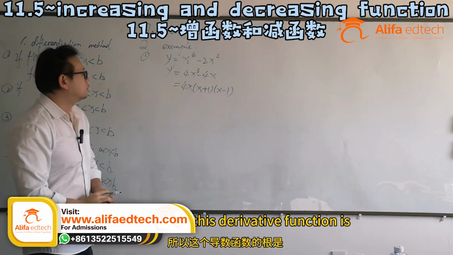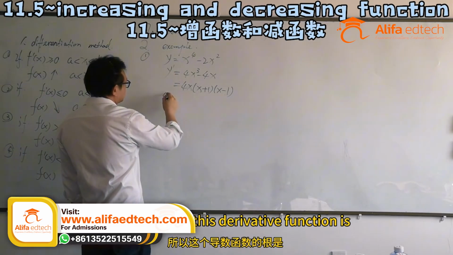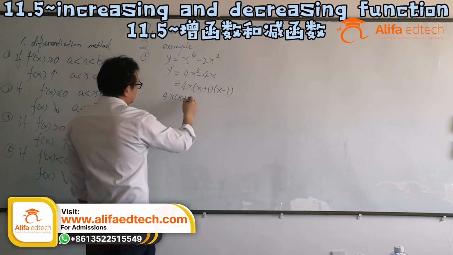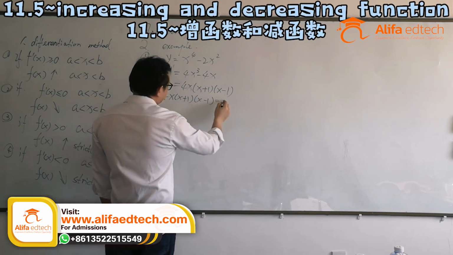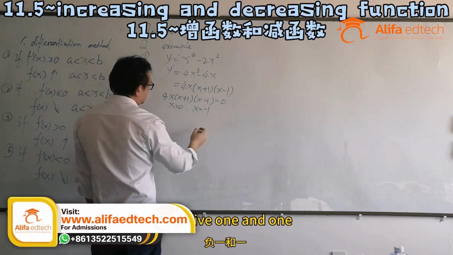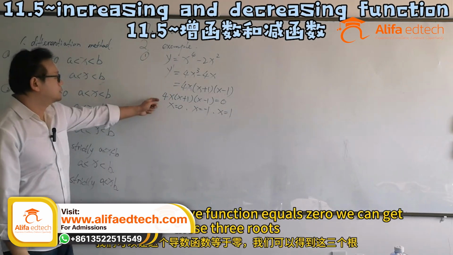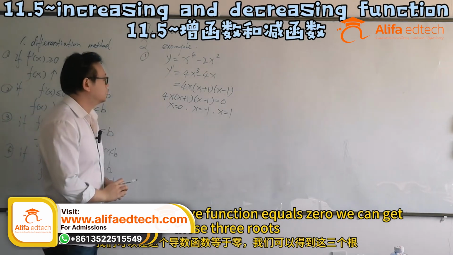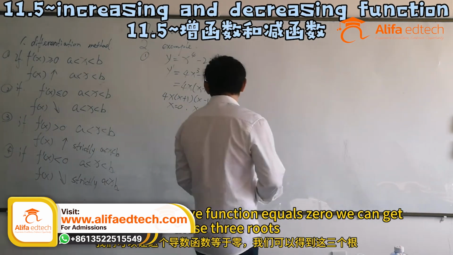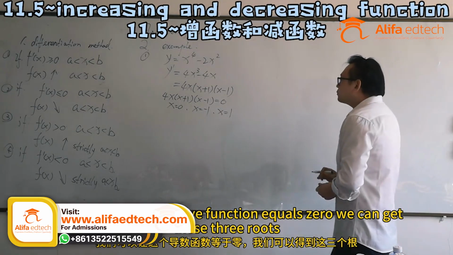So the roots of this derivative function are 0, -1, and 1. We can let this derivative function equal 0 and get these 3 roots.